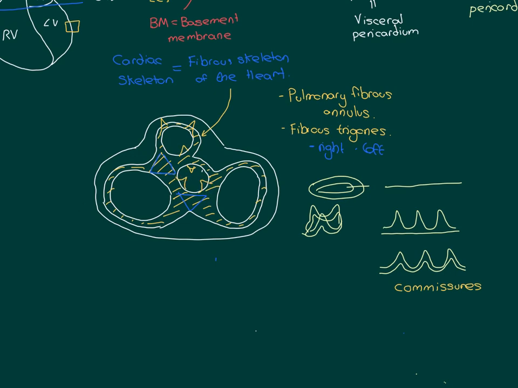Okay, so it is complicated to understand the structure of these fibrous annuli surrounding the pulmonary and aortic outlets.